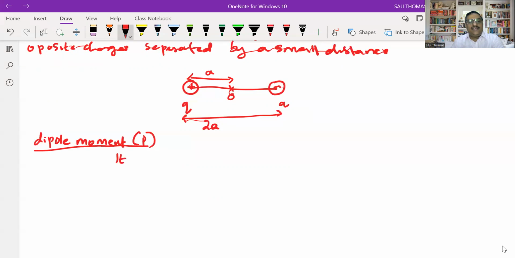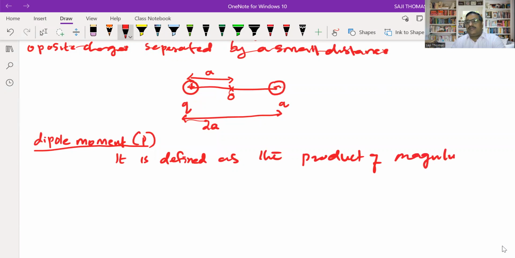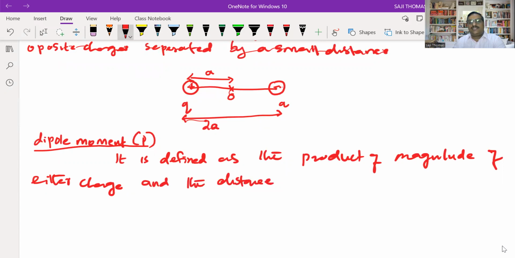It is defined as the product of the magnitude of either charge and the distance between the charges.